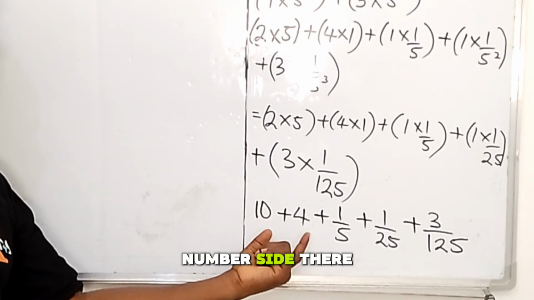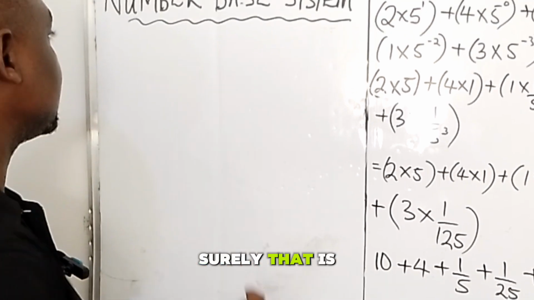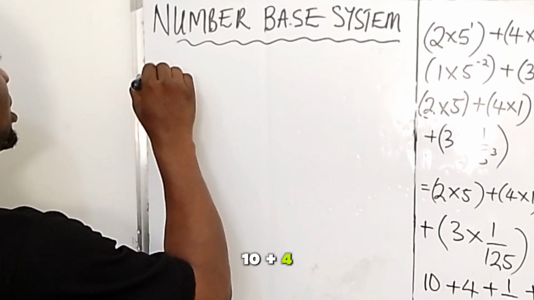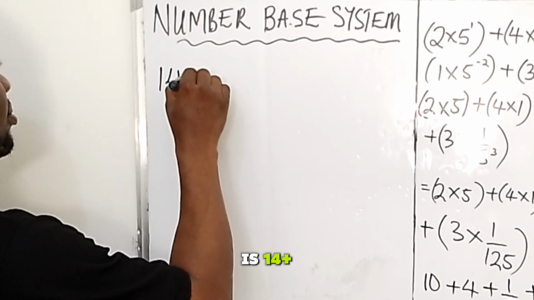For the whole number side, there will be no problem, surely. That is 10 plus 4 is 14, plus.